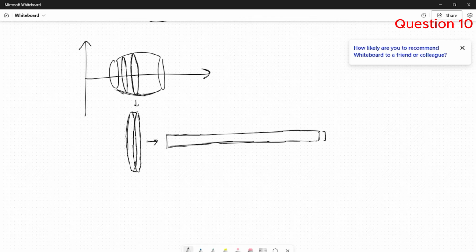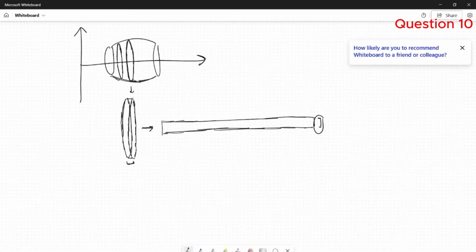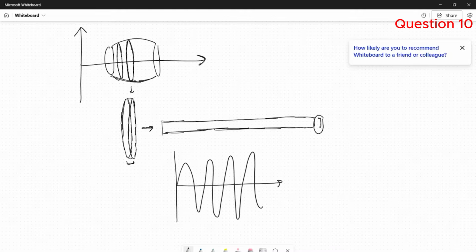Now this part right here will link to this part down here. And I want us to consider what that might look like. If I have a very fast, very rapidly changing function, for each small x that I move, I'll call this delta x, my y value will change by maybe this much.